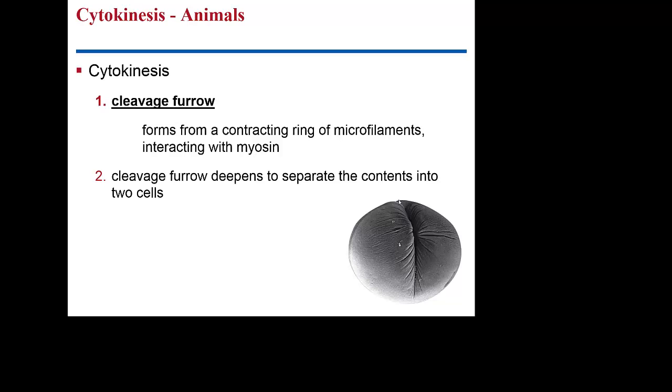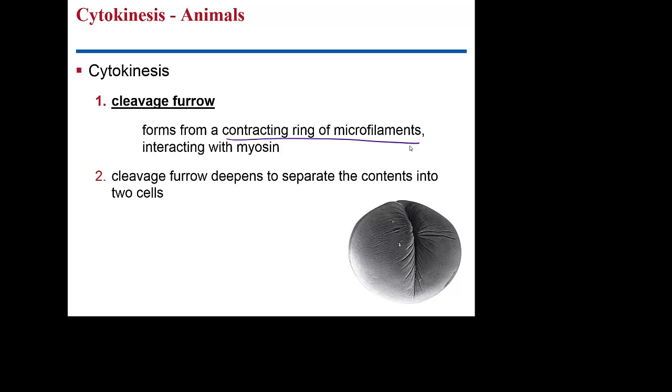So this is what it looks like as it starts to fold in during this process of squeezing in and then separating these two cells. It actually occurs like a string on the hood of your hoodie. If you pull it really tight, you know how it pinches together? That's exactly what's happening.